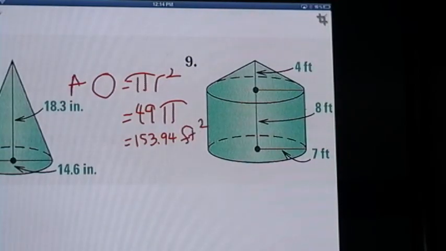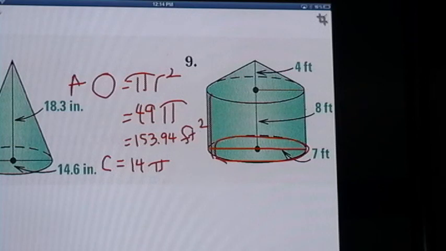Now we're going to need to find the piece of paper that rolls around the outside of it. So for that we're going to need the circumference times the height. And so the circumference is 14 pi, because it's pi times d, and the diameter is going to be 14. And that's going to be times the height, the regular height of it, so times 8. 8 times 14 is 112. 112 times pi is 351.